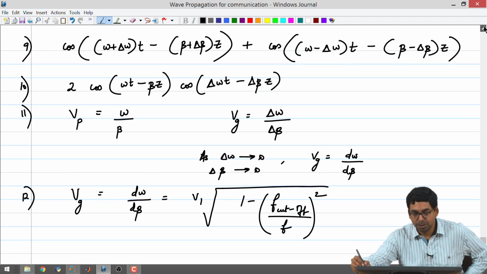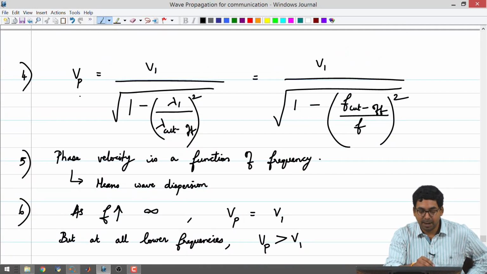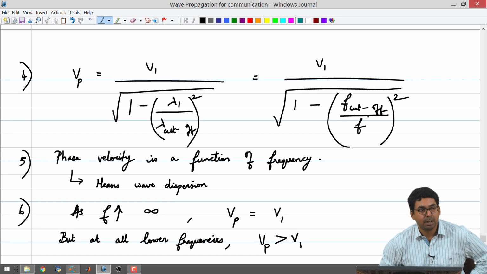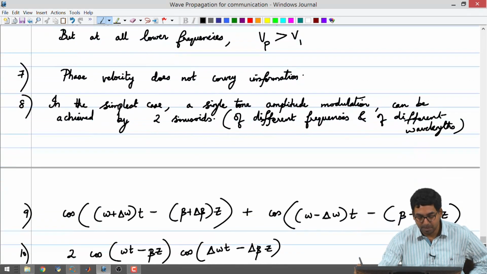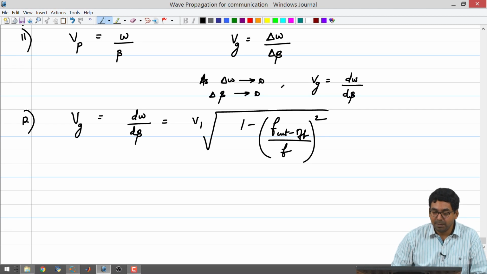Let me just show what we had for the phase velocity. For the phase velocity we had Vp is equal to V1 divided by square root 1 minus f cutoff by f squared, all right. But if you did use d omega by d beta, you will end up getting Vg, and that is V1 multiplied by the same term.